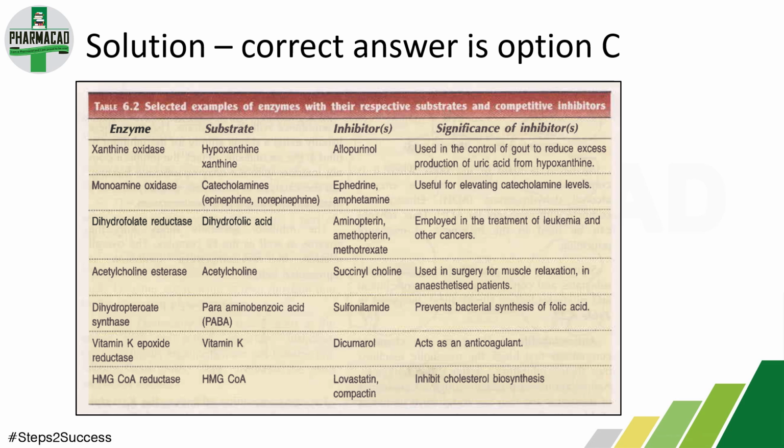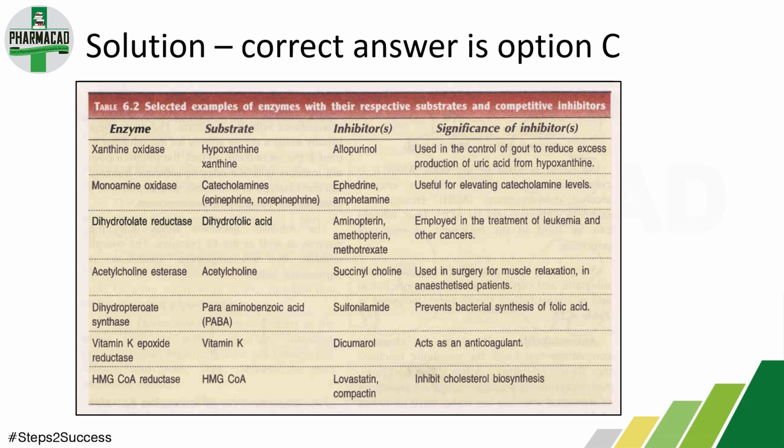The substrate goes and binds to that enzyme and a chemical reaction proceeds. So every enzyme and substrate has a significant role. And to inhibit that substrate, we have some competitive inhibitors which will inhibit the binding of the substrate to the enzyme.